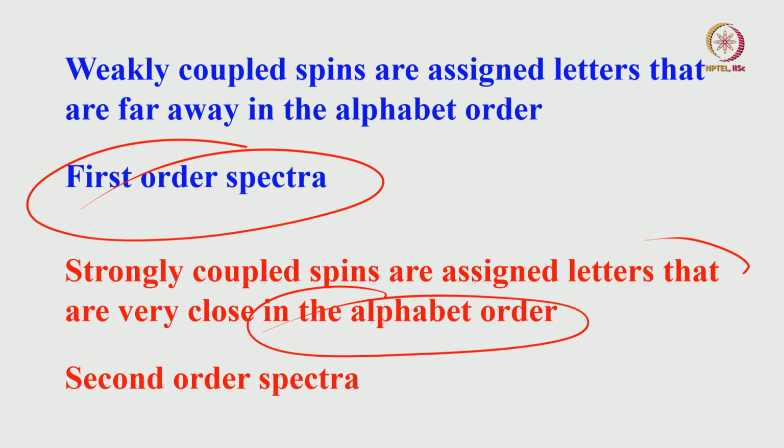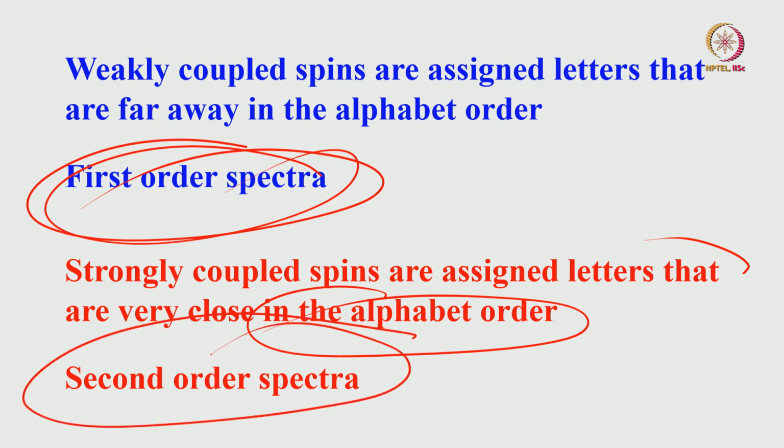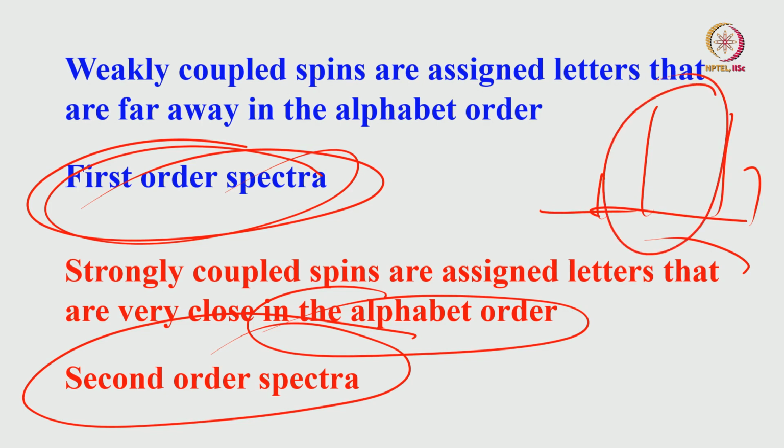Weakly coupled gives you first order spectrum, straightforward analysis is possible, and strongly coupled spectra are called second order. There is no way you can analyze in a straightforward way. You have to use quantum mechanical calculations. Although I showed you the simple 2 spin case, we get a 4 line pattern with 2 central lines of higher intensity than the 2 outer lines.